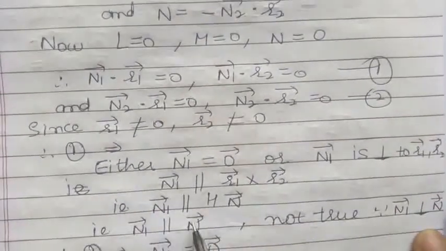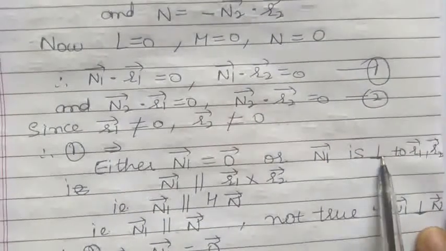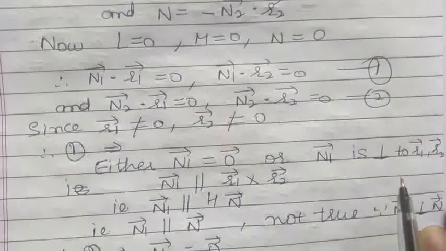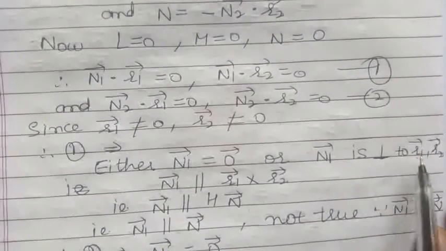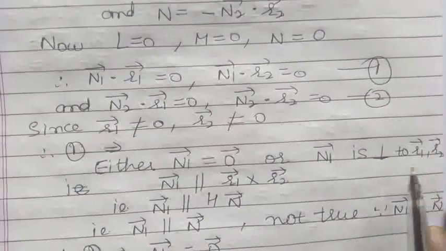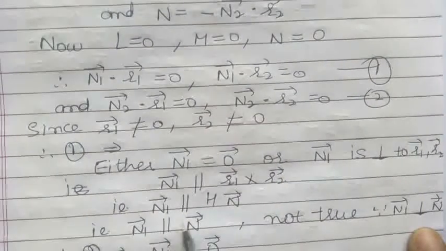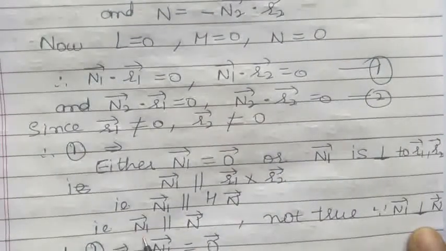So if we have n1 perpendicular to r1 and r2, in that case, because n1 is perpendicular to r1 and r2, it will be parallel to the cross product of these two vectors, and by definition this cross product is h into vector n. So from here we have obtained that vector n1 and vector n are parallel vectors.